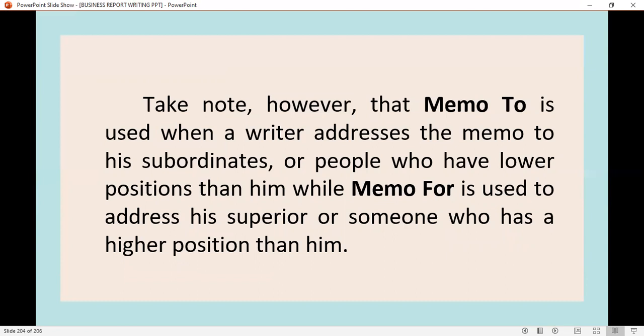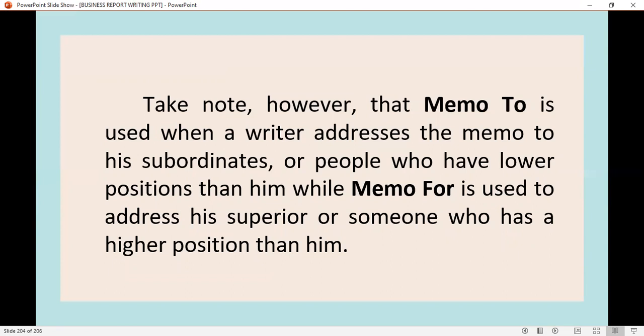Kapag memo 4, it is used to address his superior or someone who has a higher position than him. Pataas naman po ang memo 4, okay? Memo 2, pababa, from employer to employee, or supervisor, di ba, to subordinate. Memo 4, from subordinate to supervisor, or employee to employer, pataas.